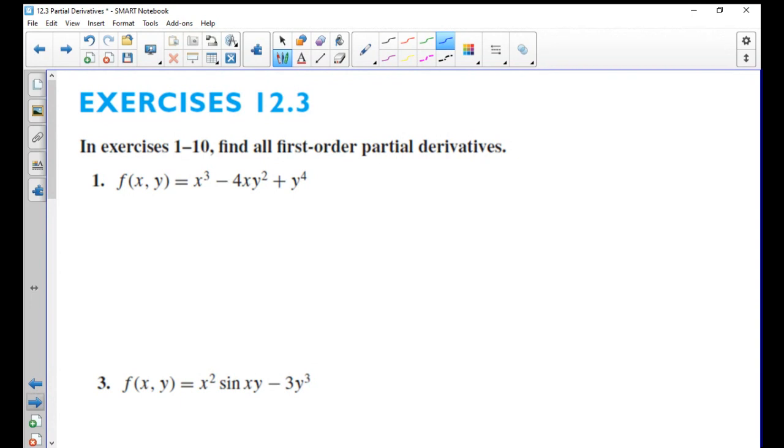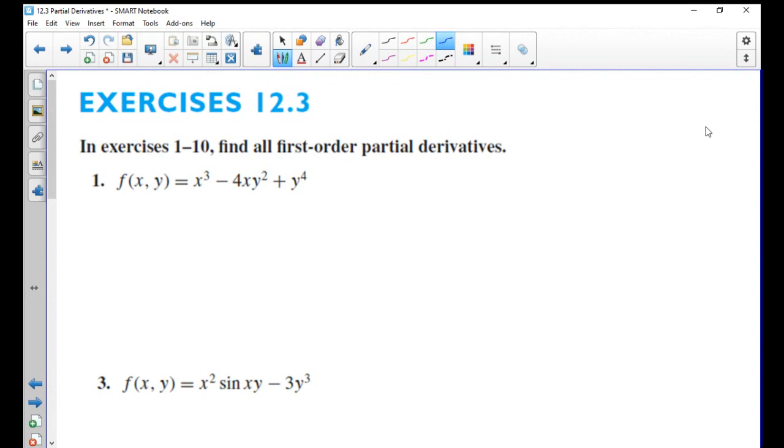Try it, please, on a piece of paper, and I will come and check. Just the first order this time.